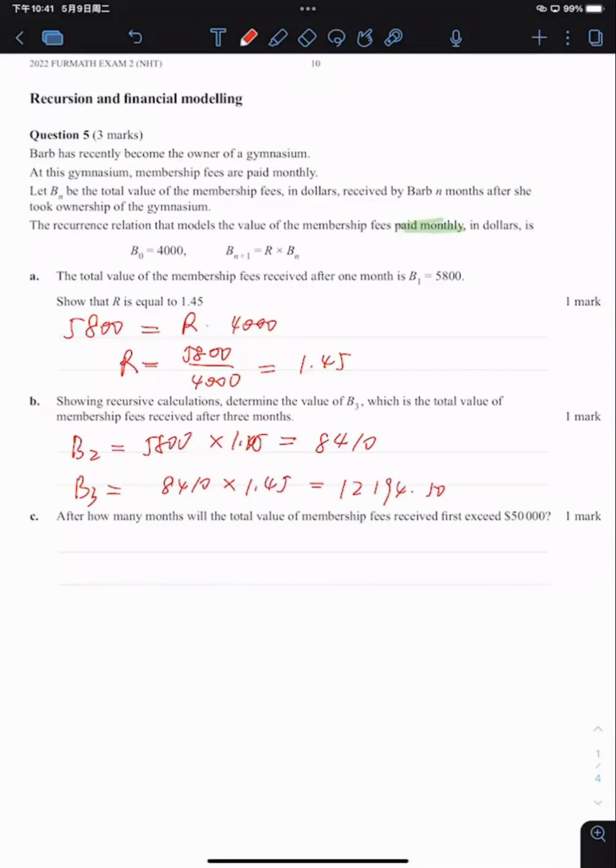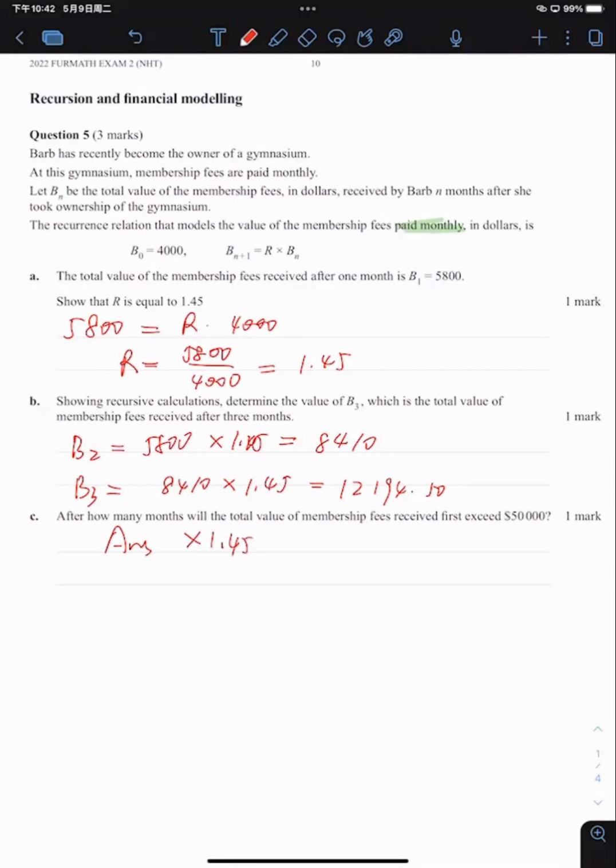C, after how many months will the total value of membership fee received first exceed 50,000? For this question, you can operate it on your CAS. Click the answer key, so every time you input the number you just output and multiply by 1.45, repeating it.